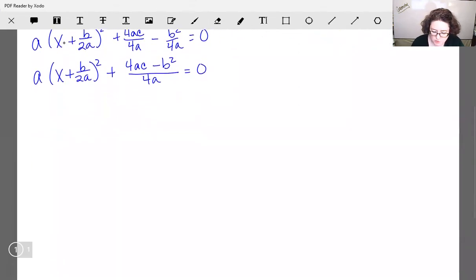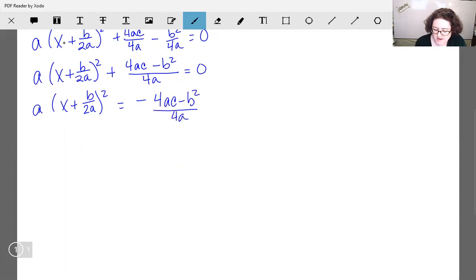So I need to move things away from the x now. That means first I want to move that big scary fraction, so we're going to subtract that from both sides. So negative 4ac minus b squared all over 4a. But actually, you know what? I'm going to rewrite that. Plus b over 2a all squared.